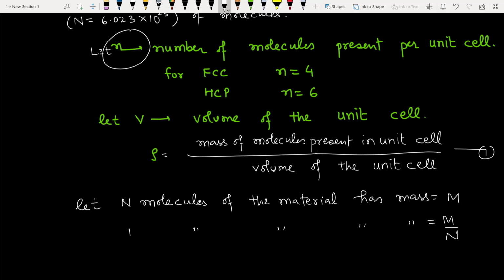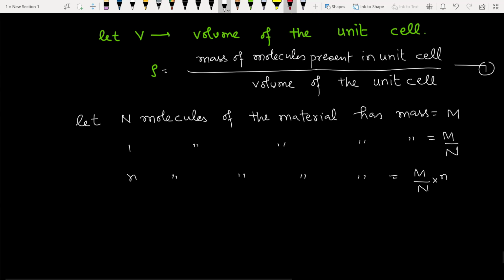It is small n. So small n molecules present in a unit cell will have mass M by capital N into small n. So this is the mass of the unit cell.